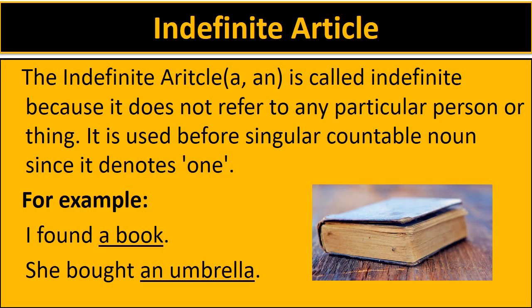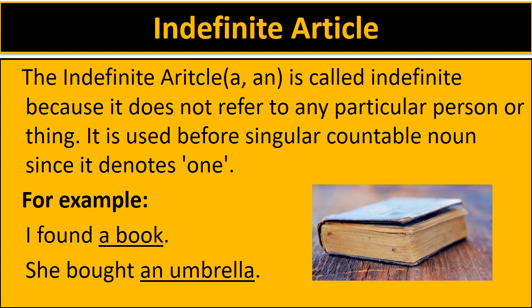Now first let us see what are indefinite articles. The indefinite article, that is a and an, is called indefinite because it does not refer to any particular person or thing. It is used before singular countable noun since it denotes one. So students, wherever we use a and an, it means the noun is singular, one in number.